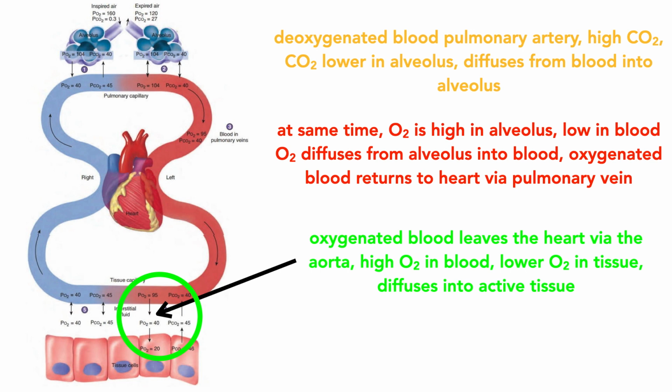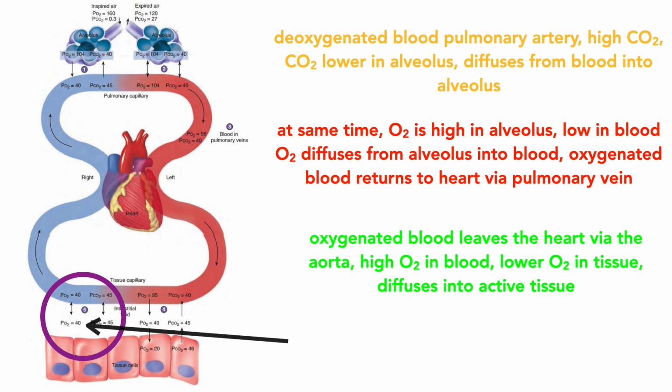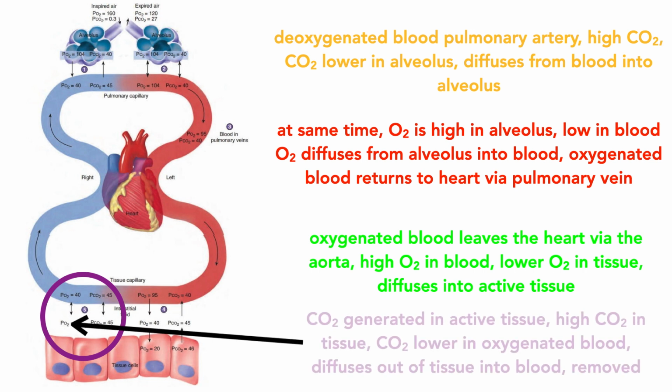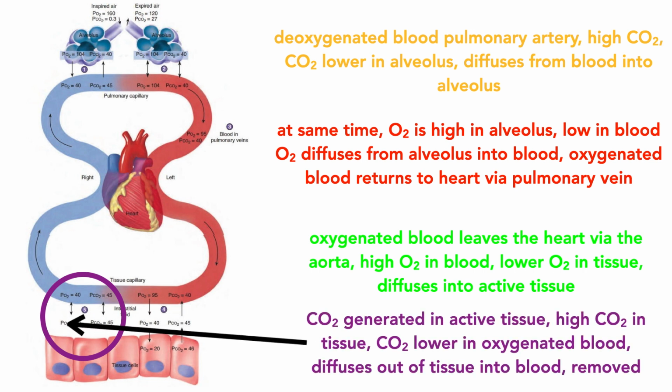It's going to diffuse out of your blood into the cell space and eventually into those cells so they can do their job. While they're doing their job, again simultaneously in the same area, you are producing CO2, right? The cells are undergoing cellular respiration, so CO2 levels start to build up.